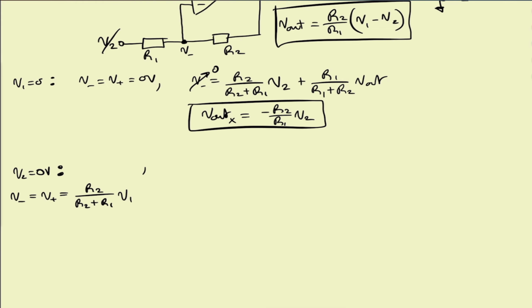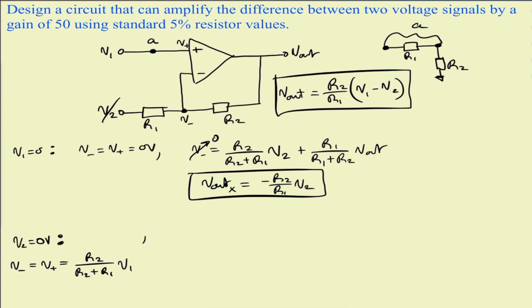So we can then say, by setting V2 equal to 0, we can find the voltage at V minus. And by finding the voltage at V minus, we can find V out.